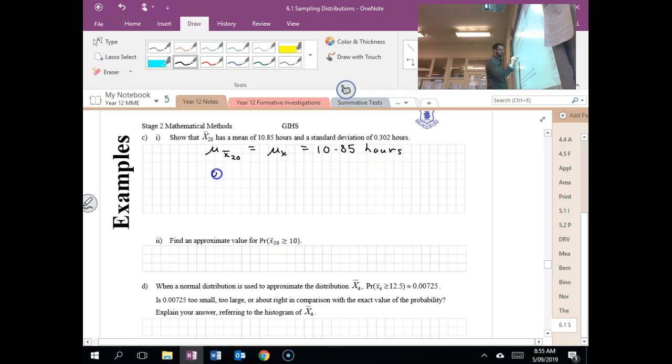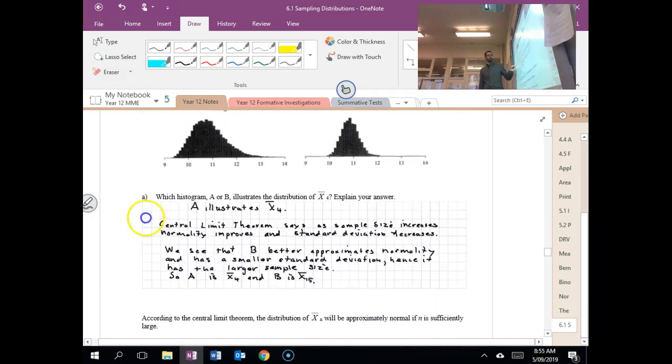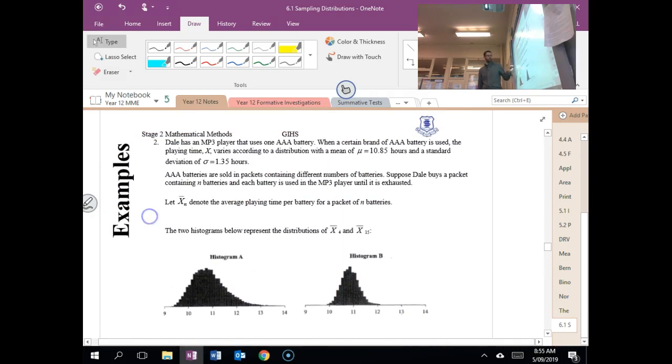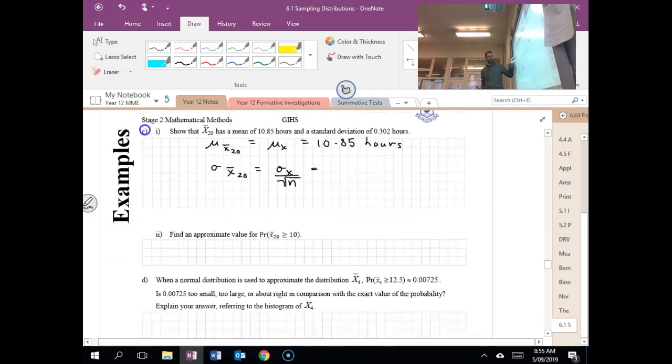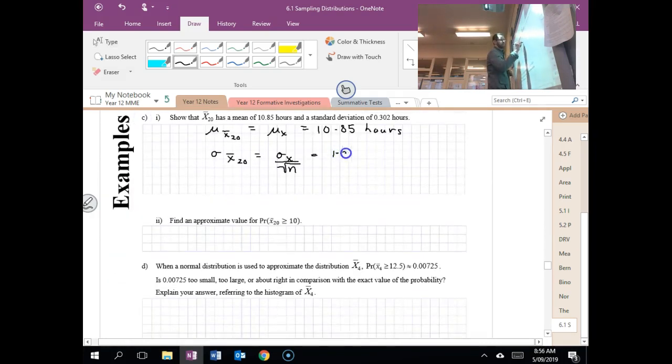And sigma of x bar 20 is equal to sigma of x divided by the square root of n. Now, if I just jump back to the question, just to remind myself of the standard deviation, it was 1.35. So it's 1.35 divided by the square root of 20, and we could go through and calculate that, but that's just going to be 0.302 hours.